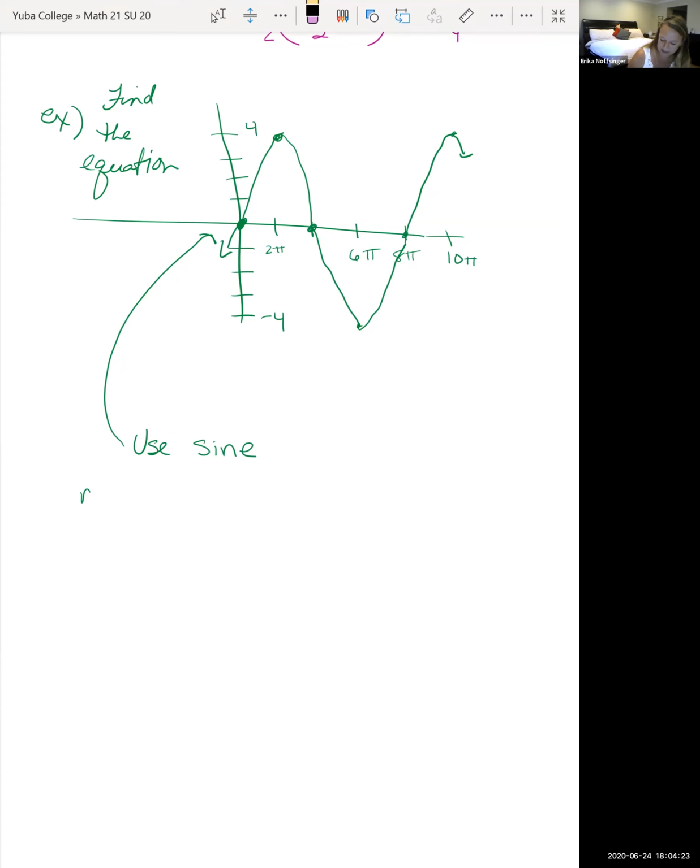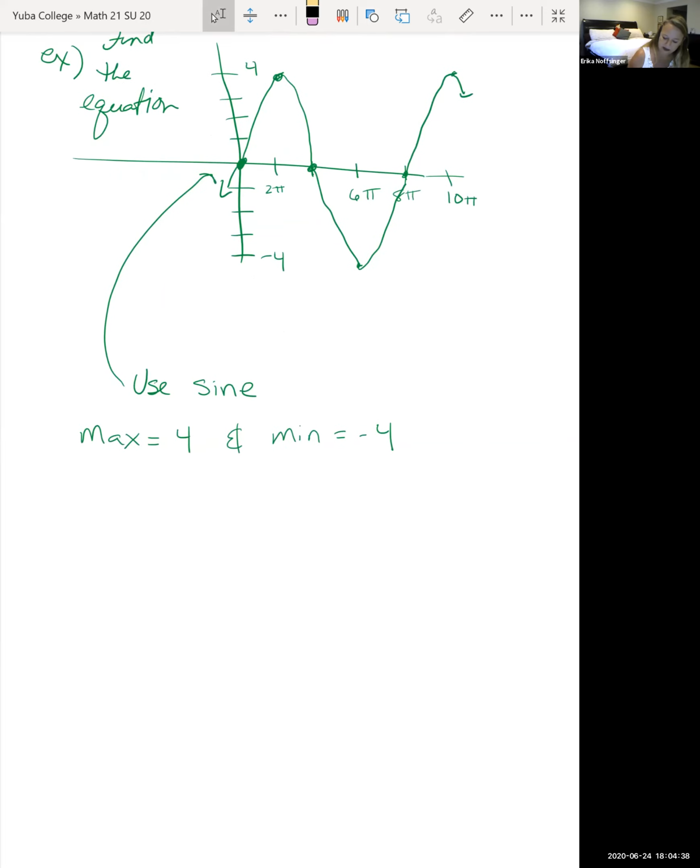I notice we have a max equal to 4 and a min equal to -4. The amplitude, that was equal to the max minus the min value, divided by 2.